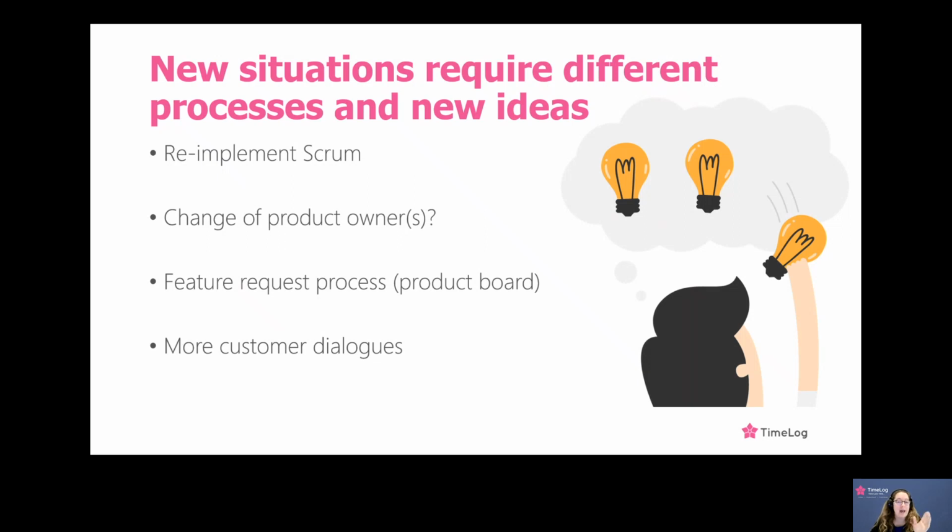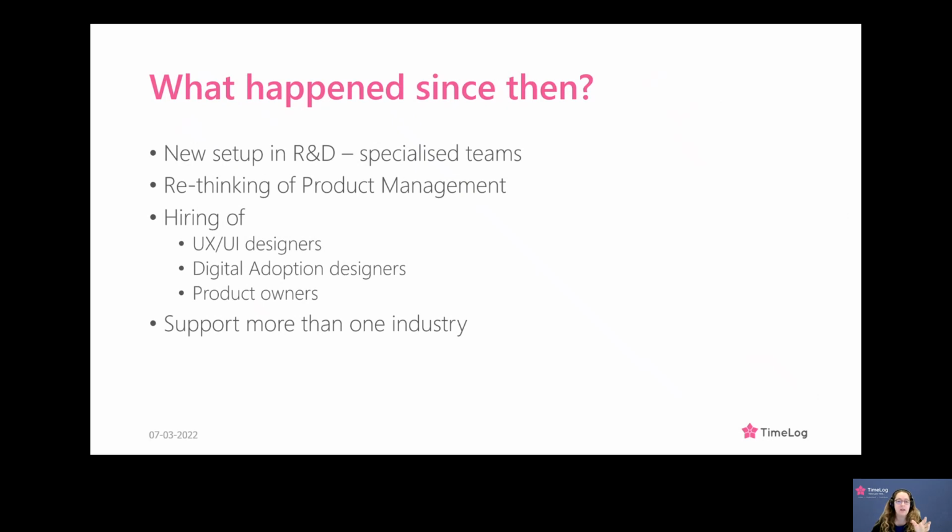So what then happened was that we did a new setup in R&D. Actually, we now move it to the entire company where we will work in, you can say, vertical teams, where not only the development teams, but also people from sales, marketing, consulting, and customer success will be in each vertical team. So we'll have one for management consultants, one for architects, one for engineers, and so forth.